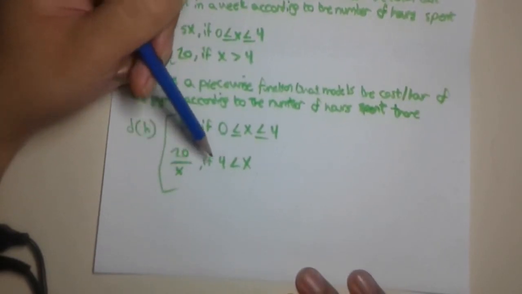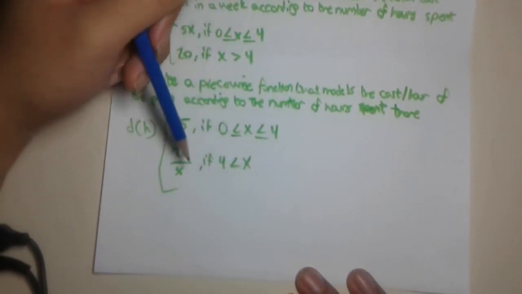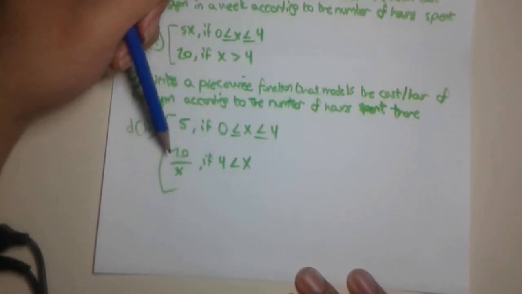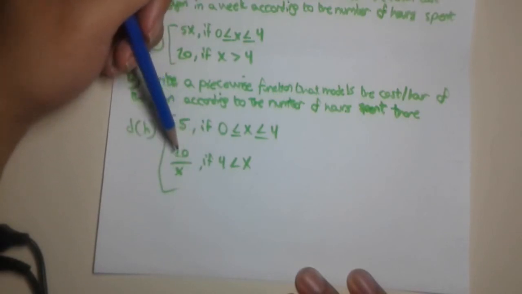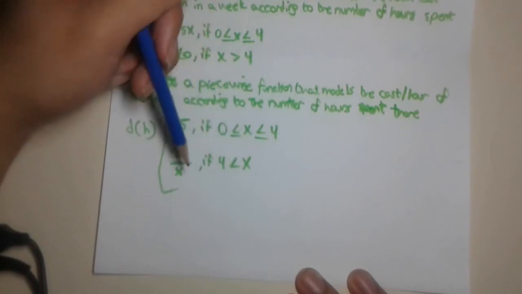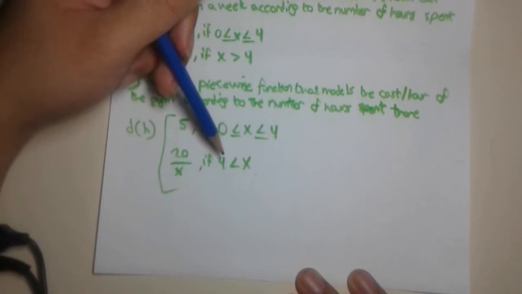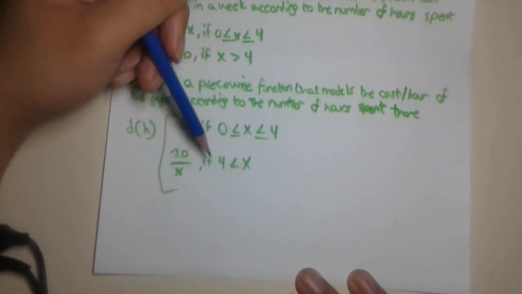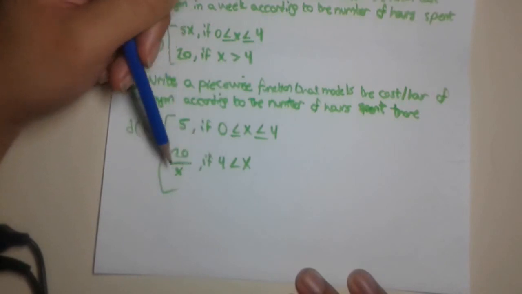20 divided by x if 4 is less than x. This is the function because the maximum you can pay is $20 after the 4th hour. So x is greater than 4 and 20 divided by x.